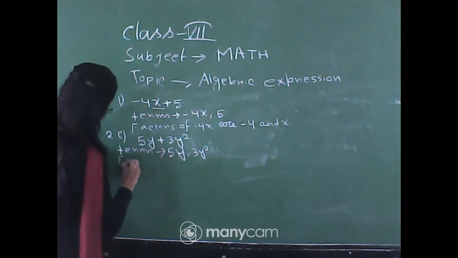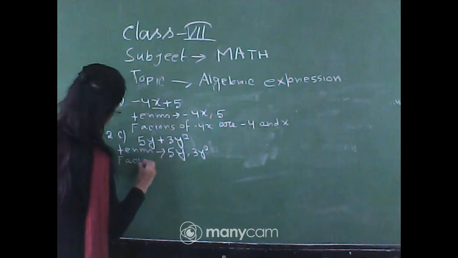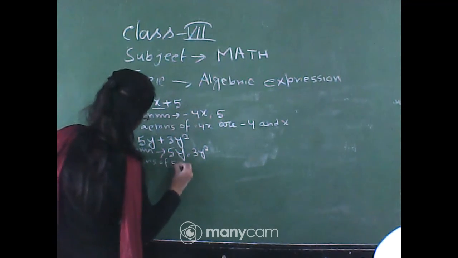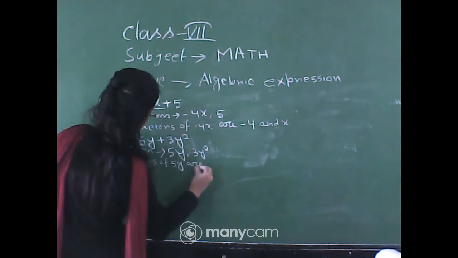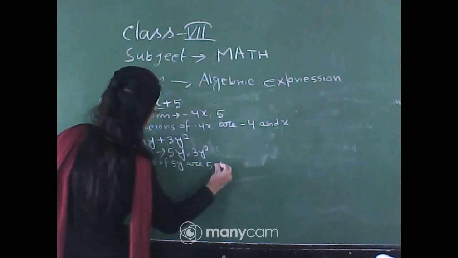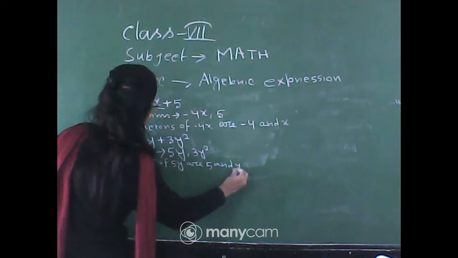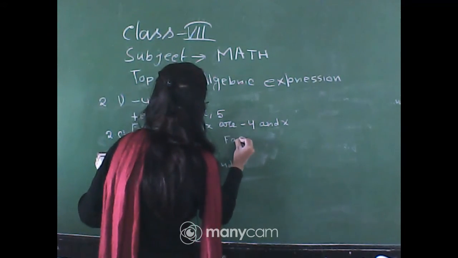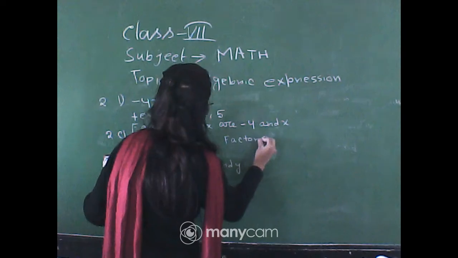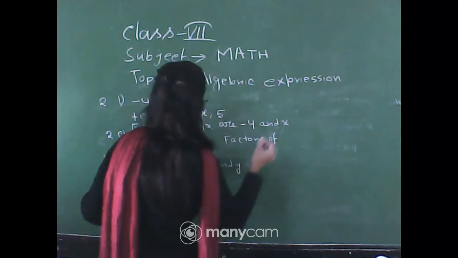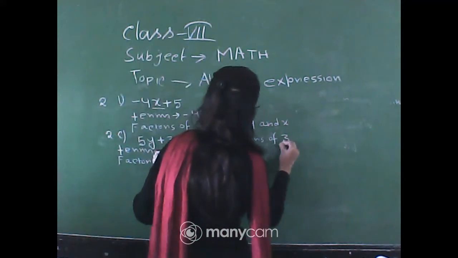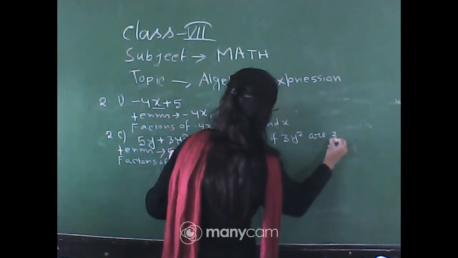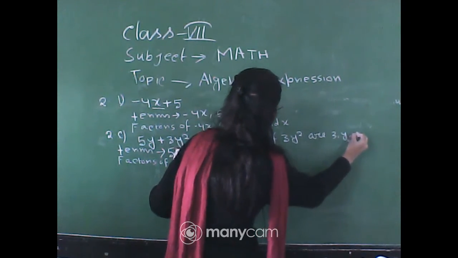Factors of 5y are 5 and y, and factors of 3y square are 3y and y.